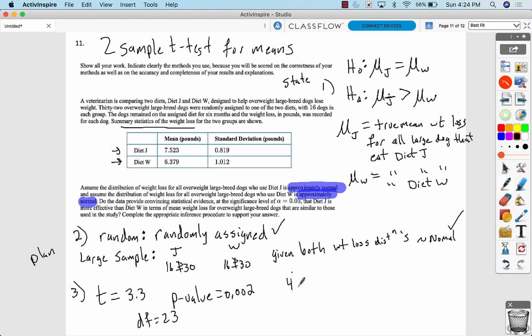Okay, so now I'm on step 4, which is to conclude. Because 0.002 is less than 0.05, we reject H0. You don't talk about H0. You just reject it. You talk about HA. J is more. Okay.